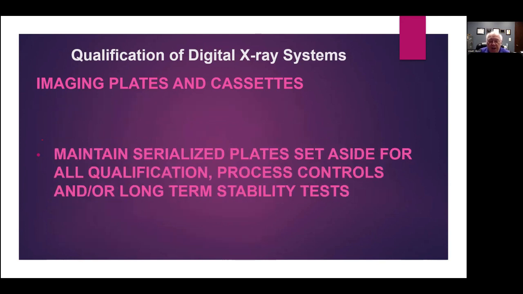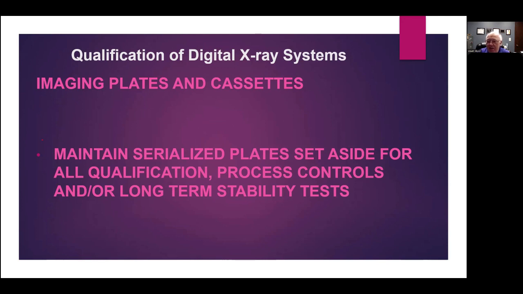Now, some of the specifications, again, this would be more customer driven. It's typically optional, but first of all, you have to identify certain plates set aside for qualification, and you don't use these for production. You only use them for your quarterly long-term stability test and process controls.